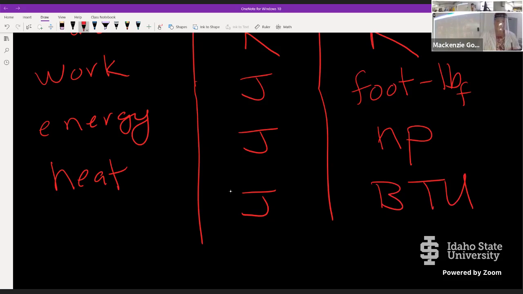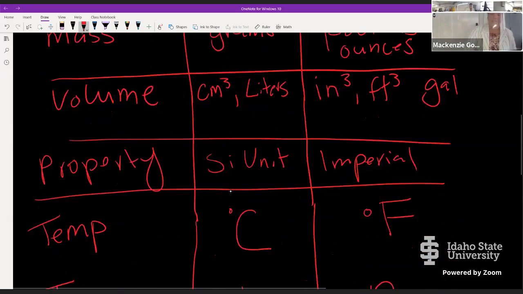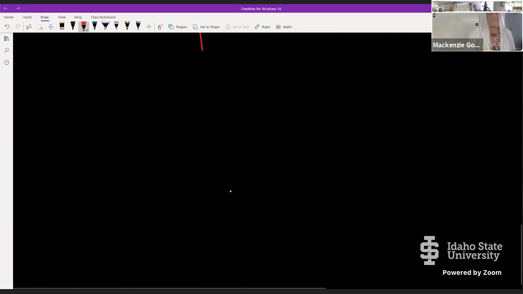Okay, so we've covered a few different units here. A lot more exists for every property you want to measure, and I'm not going to cover every single one, but what you need to know is that you need to be able to tell when you're dealing with units if they're from the same family.